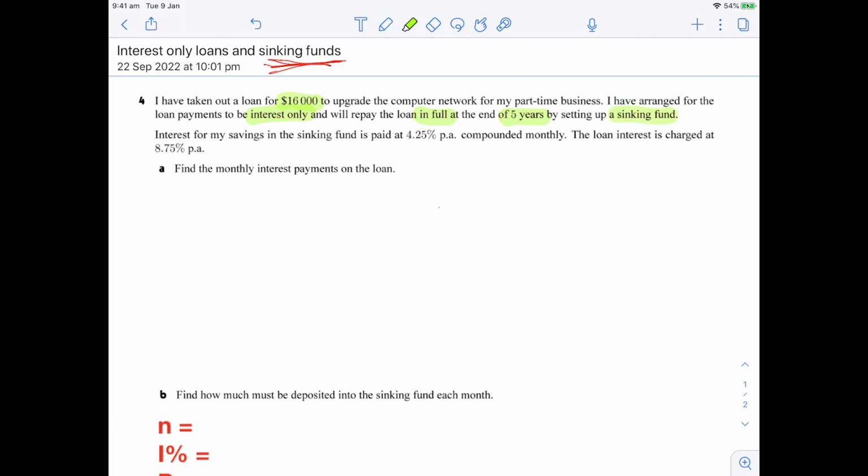My savings interest is 4.25% compounded monthly. The loan interest is 8.5%. So to find the interest payments, it's I equals P times I times N. So principal times interest rate times number of years.